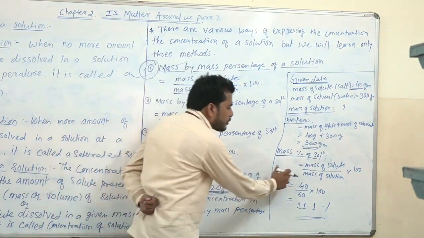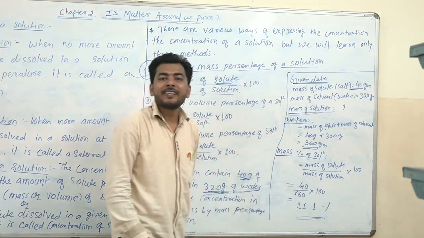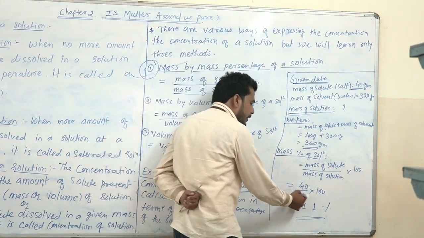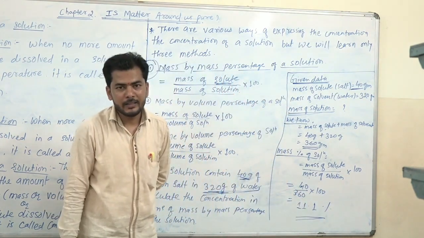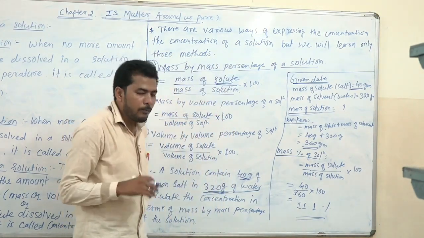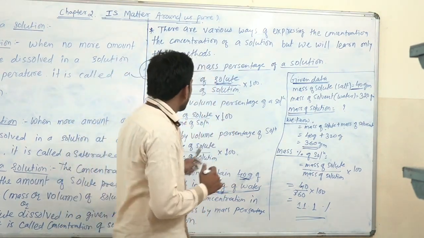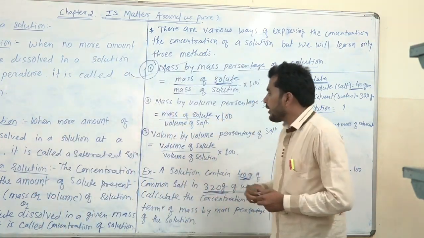So mass of solution we have, that is 360. When we calculate, we get 11.1 percentage. I hope that you understood the mass concentration of a solution.